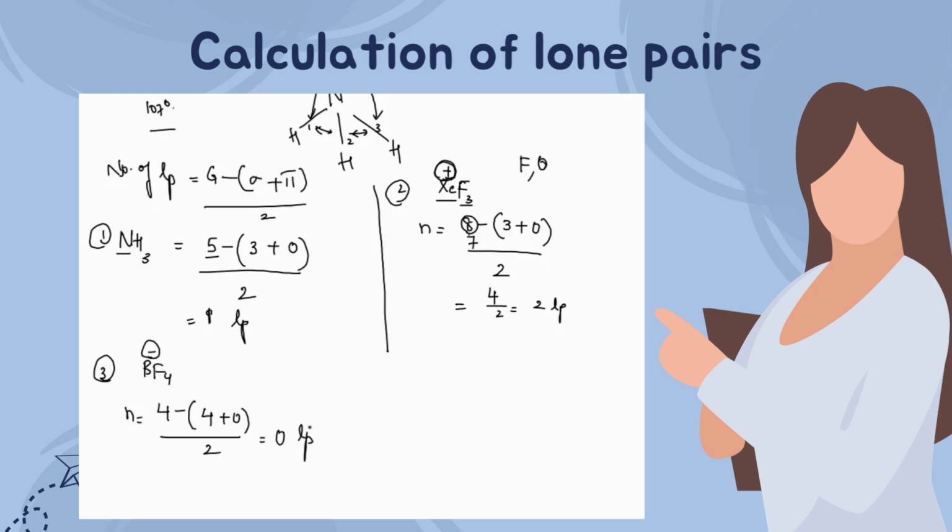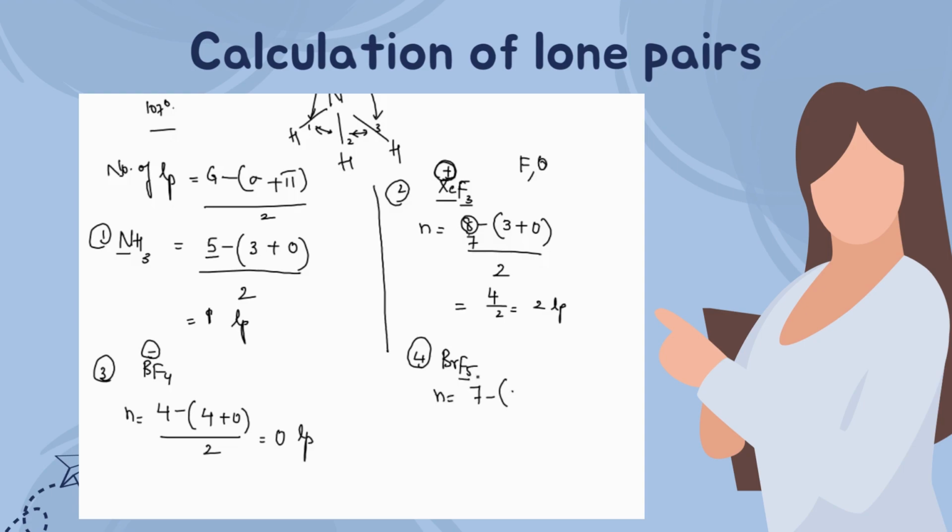Let us look at one more example, which is BrF5. So bromine is a halogen. It belongs to 7th A group. So number of lone pairs is equal to 7th A group, 7 electrons, minus 5 fluorines.